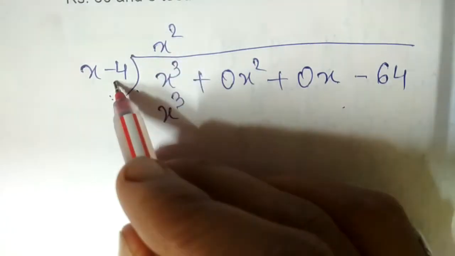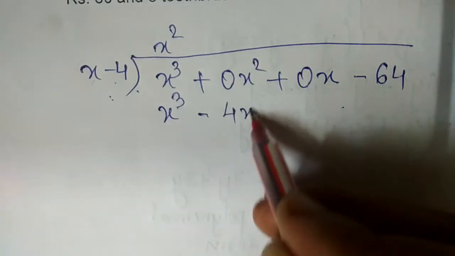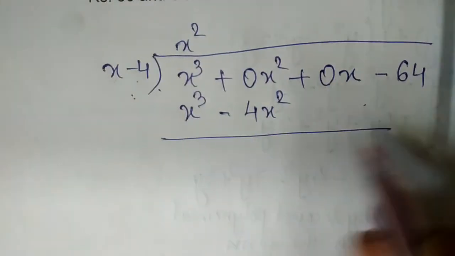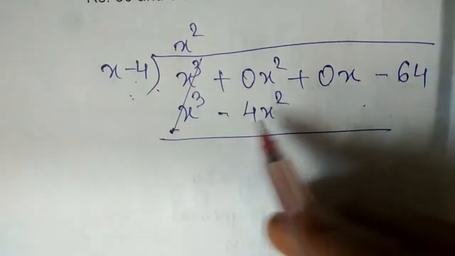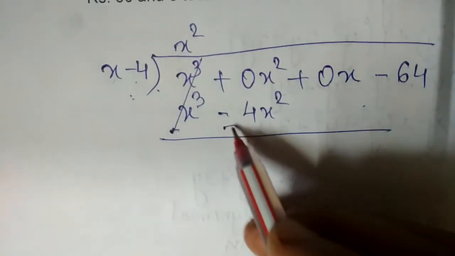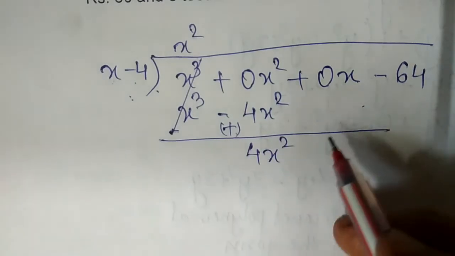Then minus 4x square. Then put the minus sign over here and it will be cancelled. Here we get plus, the opposite sign of this, so plus 4x square.